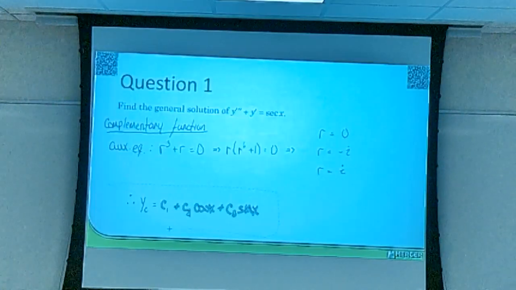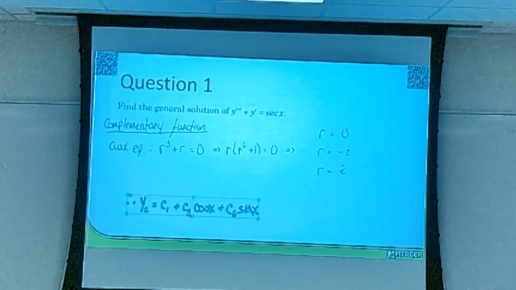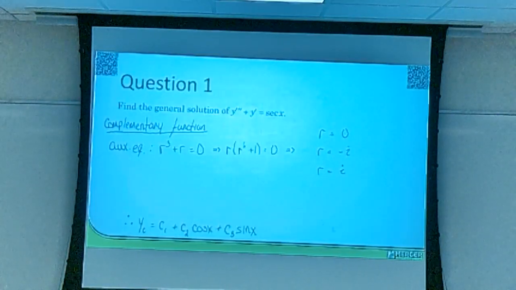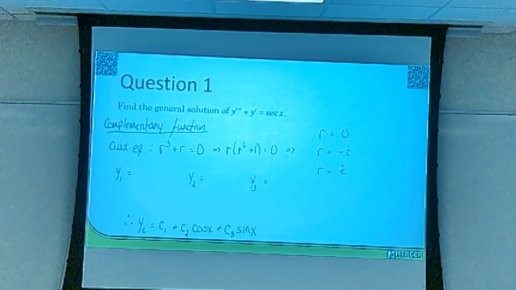I'm going to do an additional step here and actually write out the three independent solutions, because you do need those for this technique. What's y1?